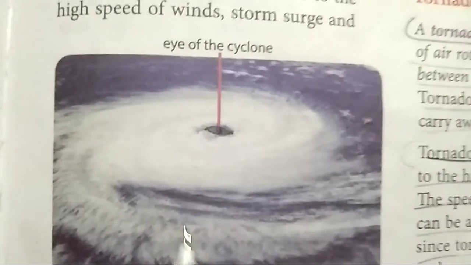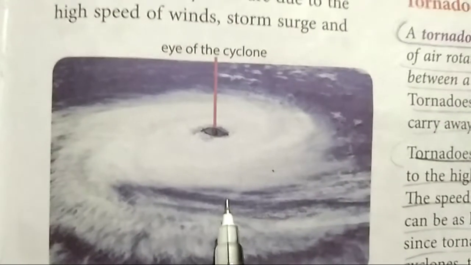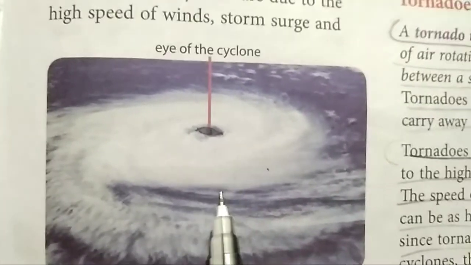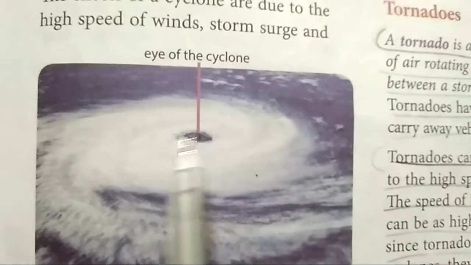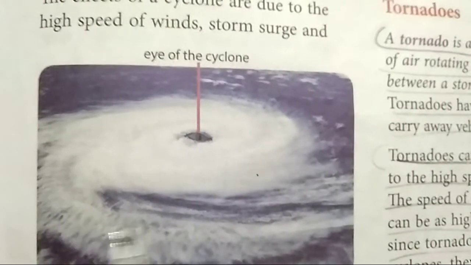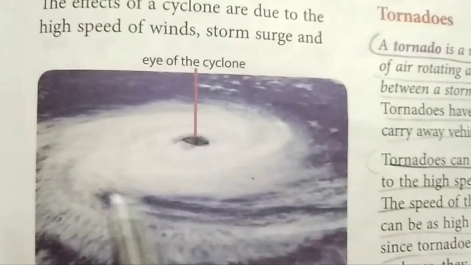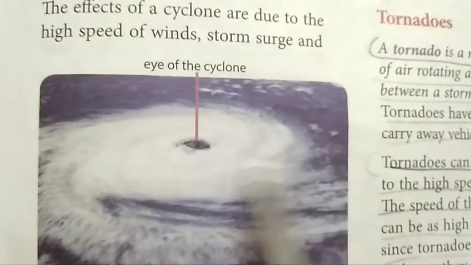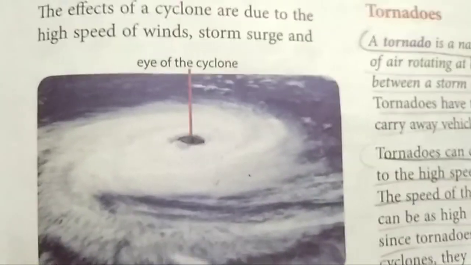So we have seen in the formation of a cyclone, it needs a constant supply of warm and moist air. It gets warm and moist air again and again, and it converts into water, and this water moves with the high speed winds. That's why it looks like a coil.